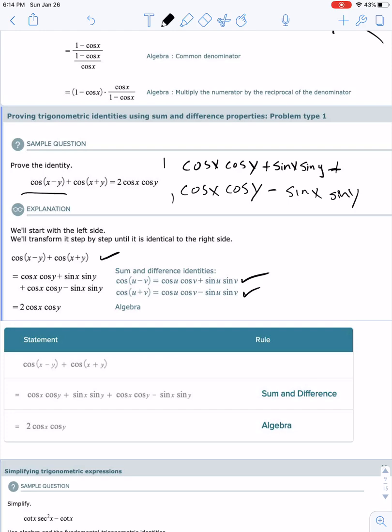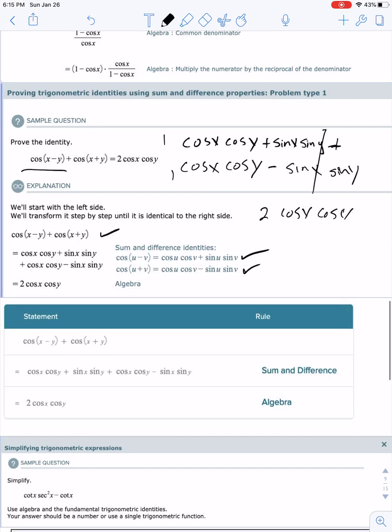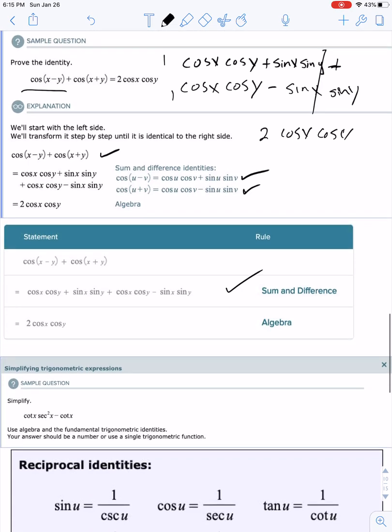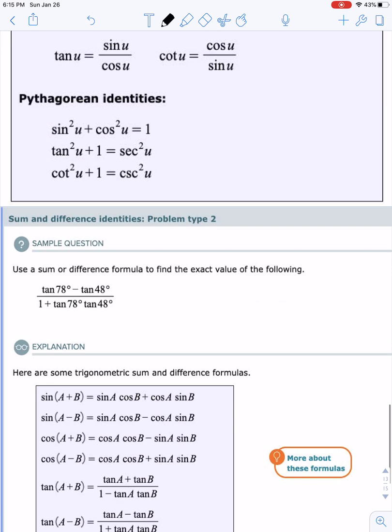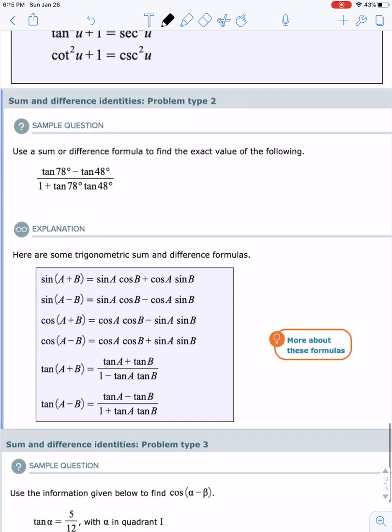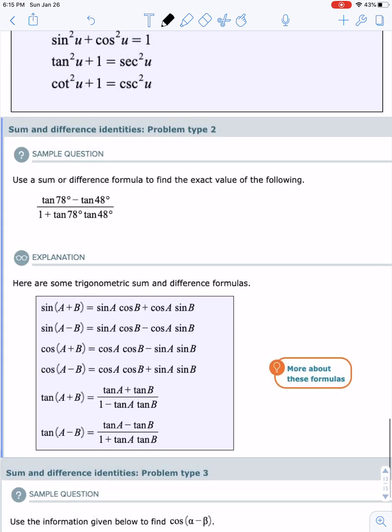And these two right here go to 0. So that's 2 cosine x cosine y. And when you expand that, your reason is sum and difference, and then algebra. Okay, I hope that helps get you moving on some of these problems.